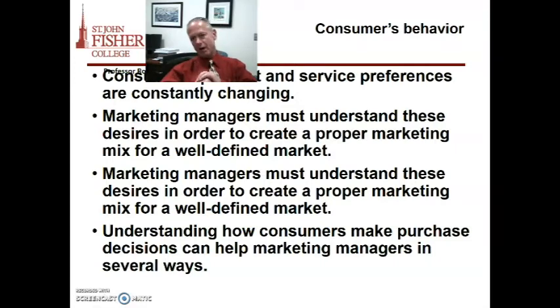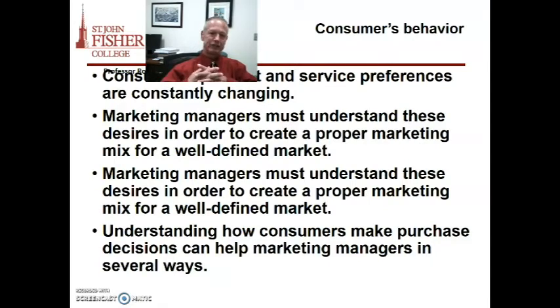Remember, what I mean by the marketing mix is the 4 P's. Price, the best product, the best delivery we can or place, and the best promotional campaign or way to communicate to our customers. So as consumer behavior changes, we need to make sure that we are up to speed.